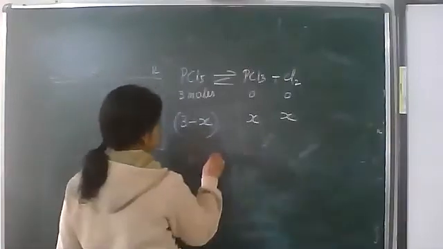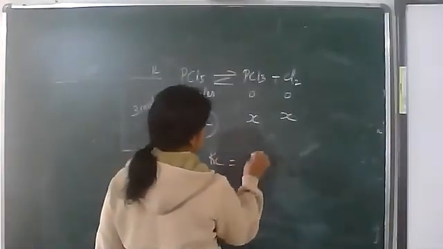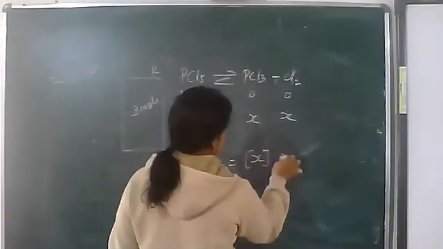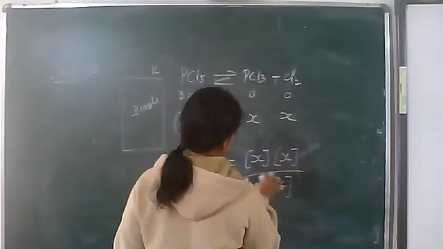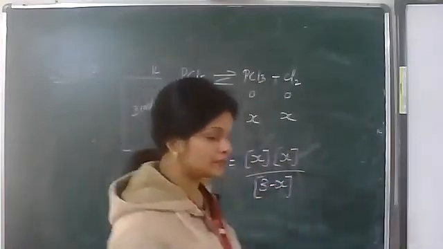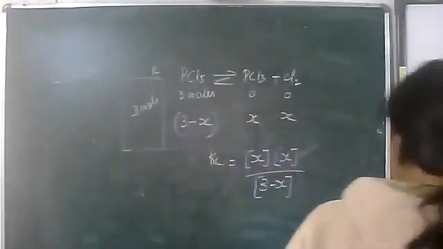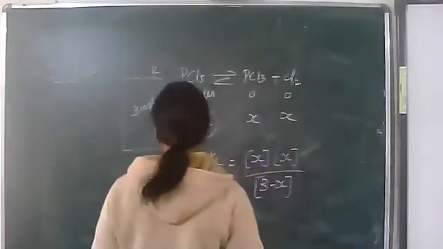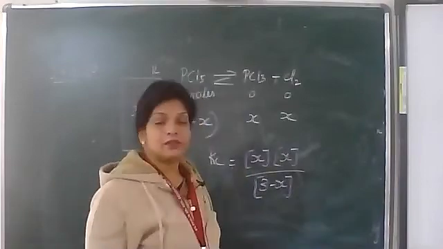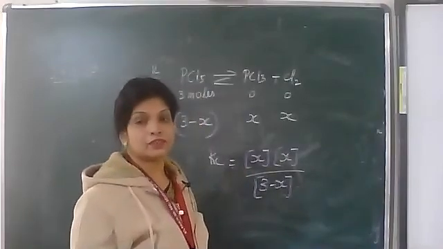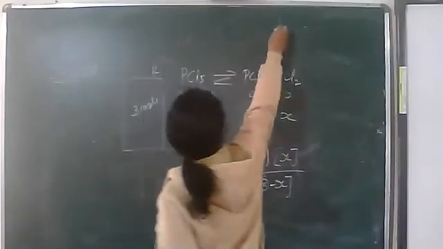So what is Kc? Kc is equal to X into X upon 3 minus X. The Kc value is given in the numerical: Kc is equal to 1.8.